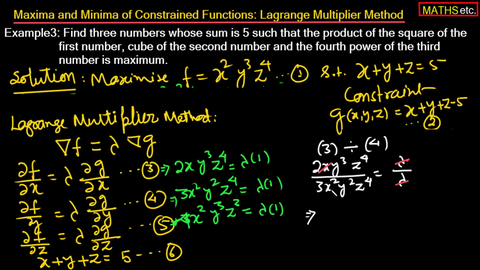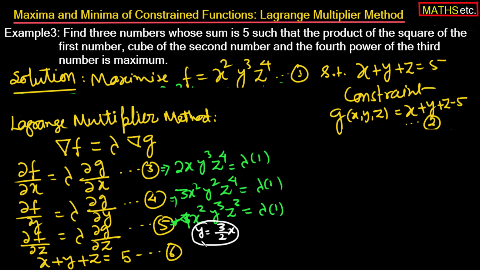So x cancels out one of the powers of x squared, y squared cancels out 2 powers of y, and z^4 and z^4 cancel out, and we remain with 2y over 3x is equal to 1, and simplifying it for y we get y is equal to 3 over 2 multiplied by x.